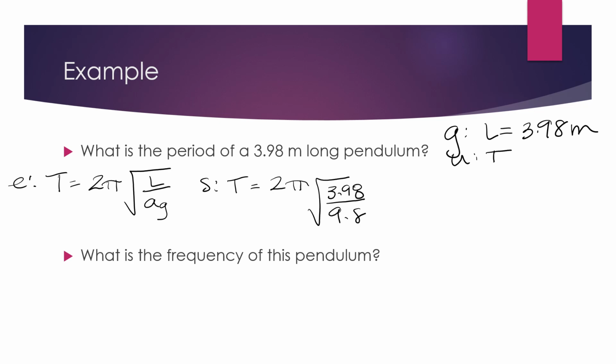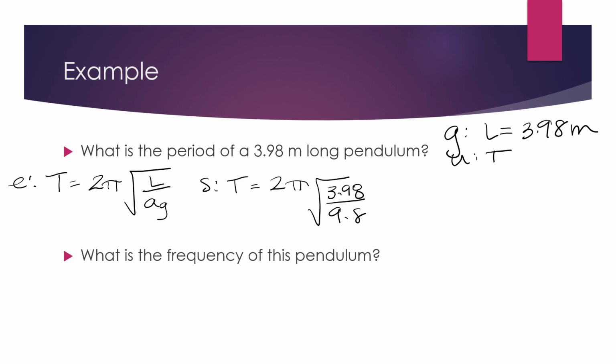Okay, at this point, I'm assuming you have your 84. If not, you're on your way to getting your 84 out. Why don't you go ahead and try this right now. 2 pi times the square root of 3.98 divided by 9.8.